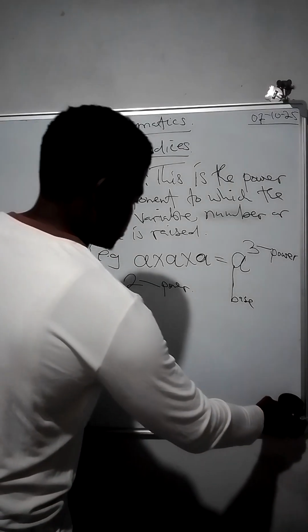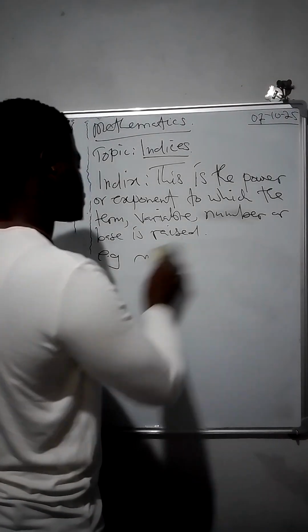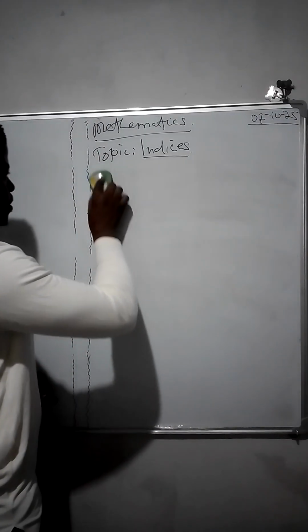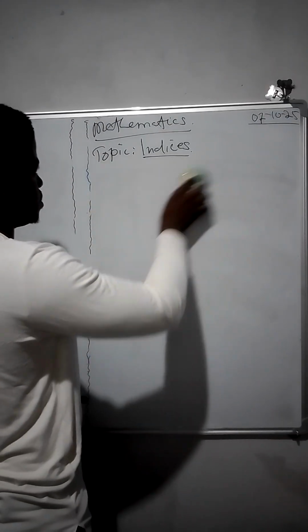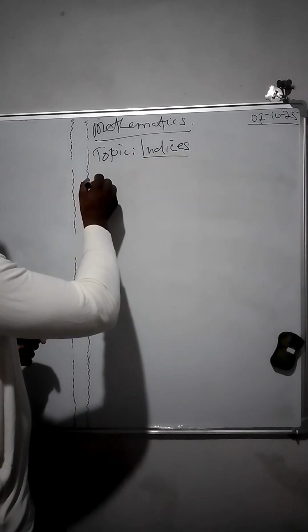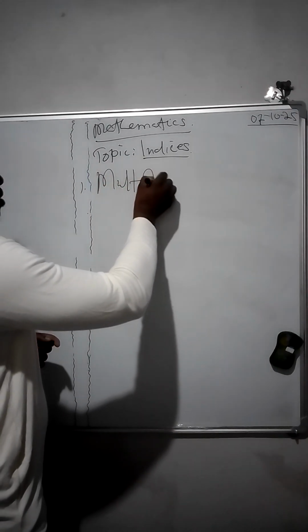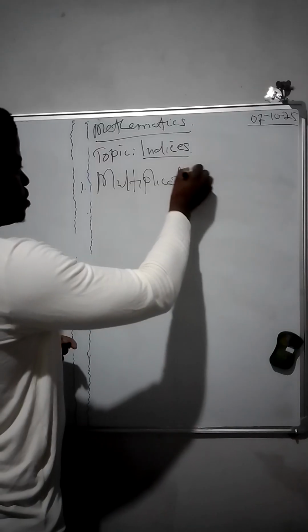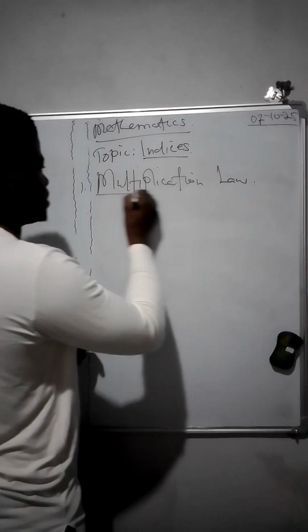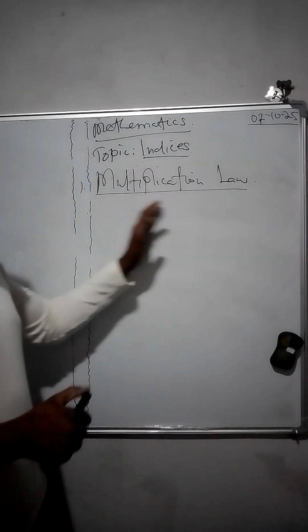So the first law of indices is what we call the multiplication law. Now, what is this multiplication law?